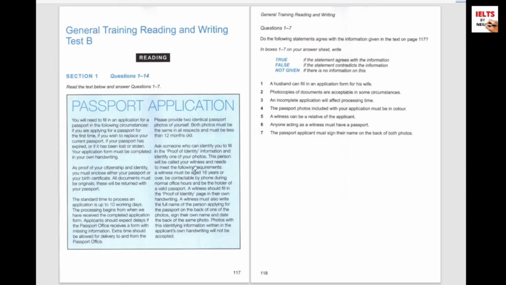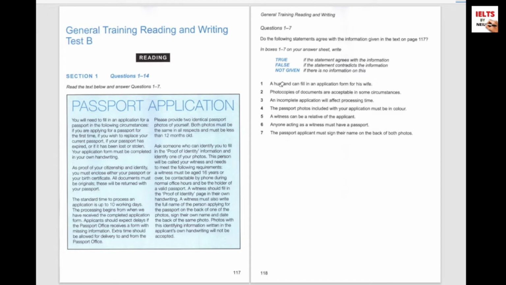So we read the question and see if the information given in this paragraph matches the statement or not. If it matches, then yes, it is true. If the information contradicts the statement, then it's false. Or if they have not talked about anything in this paragraph about this statement, then it's not given.